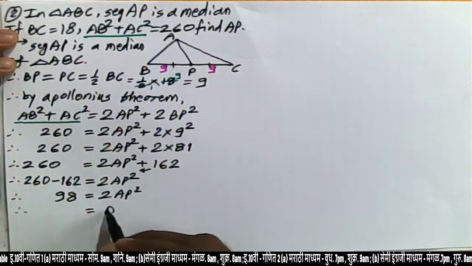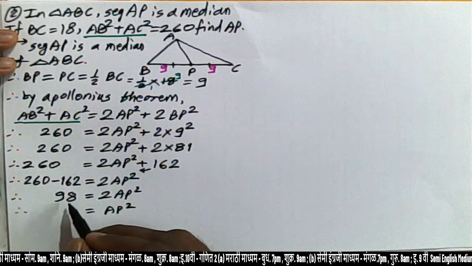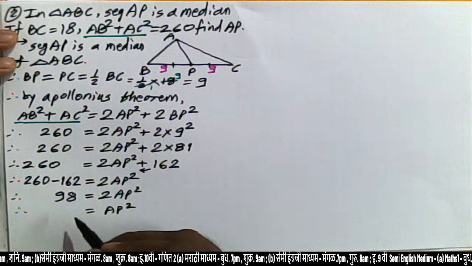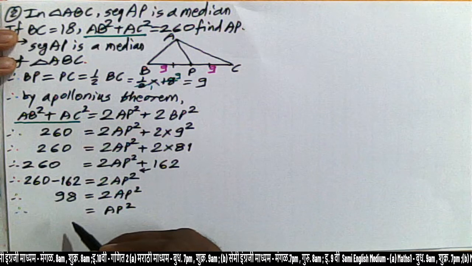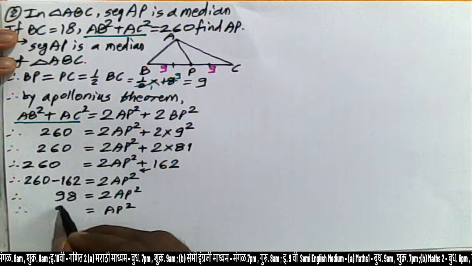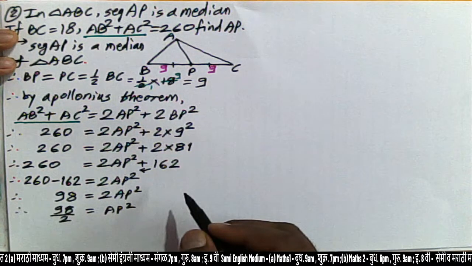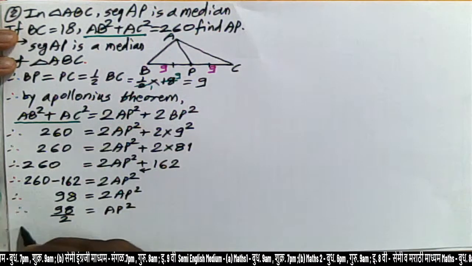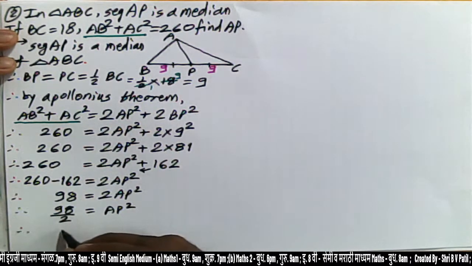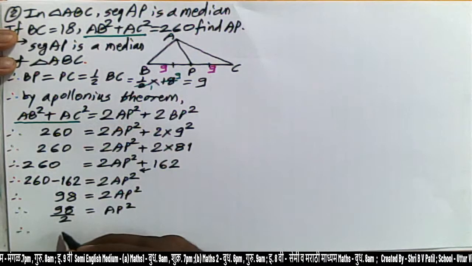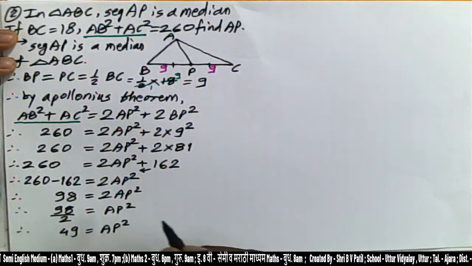Therefore, AP square is equal to 98 divided by 2, because 2 multiplied on the LHS becomes divide. Half of 98 is 49, so 49 is equal to AP square.